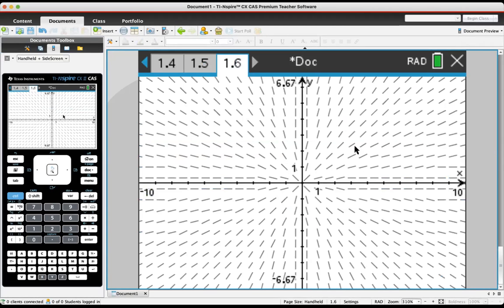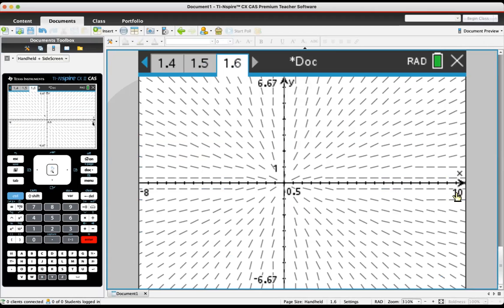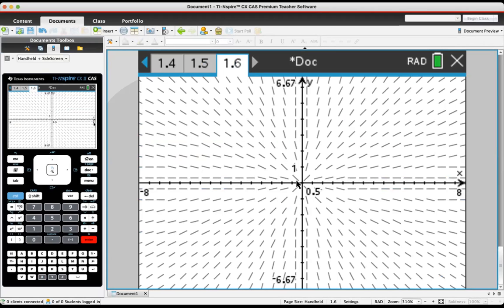Right. So does that look like the graph? Well, maybe, maybe not. Let me just type -8 here and 8 here. Well, the density is not big enough for us to determine whether or not it matches.